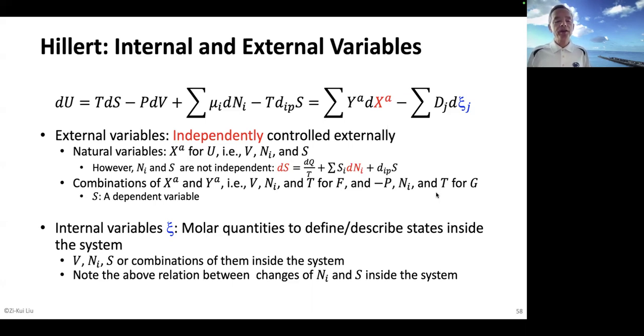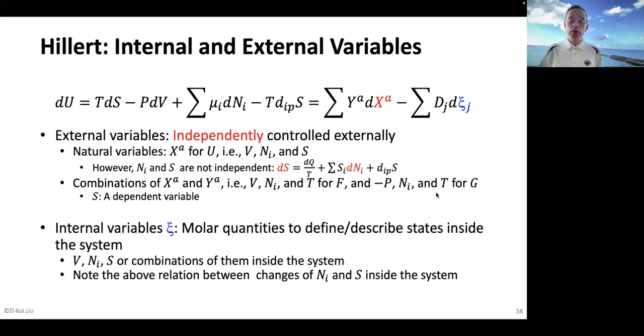But it's very rare for us to talk about a combination of volume and N_i. Now we can do that too, as we show in the future when we talk about internal processes. We actually realize that it could be useful to combine those variables. For example, we talk about thermal diffusion. Thermal diffusion is the temperature-driven diffusion.